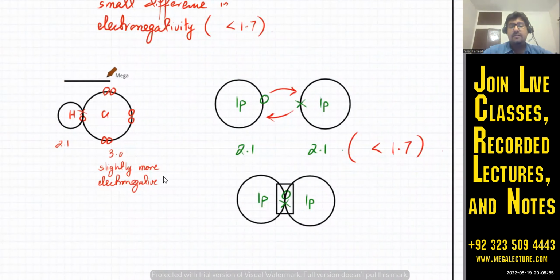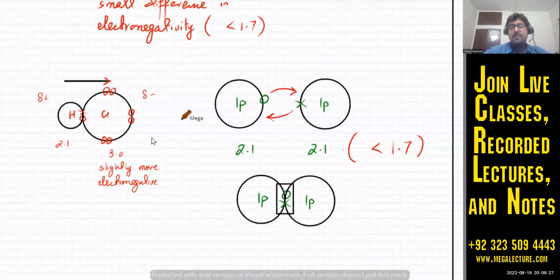The electrons will be very slightly closer to one of the atoms, not like an ionic compound, where Cl would gain the electron. Here, the 2 electrons are closer to Cl compared to hydrogen. So this side becomes slightly negative, and this side becomes slightly positive, because the electron distribution is slightly more towards Cl, as it's slightly more electronegative.